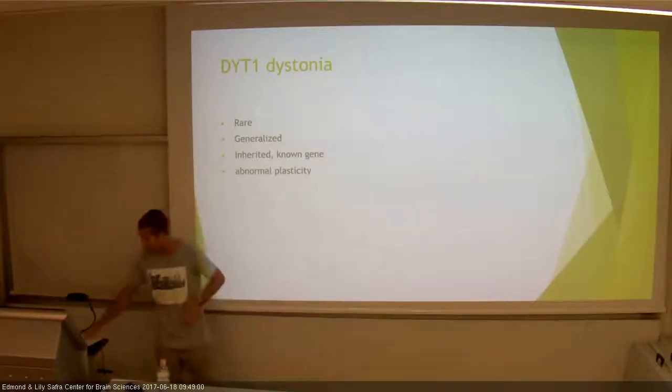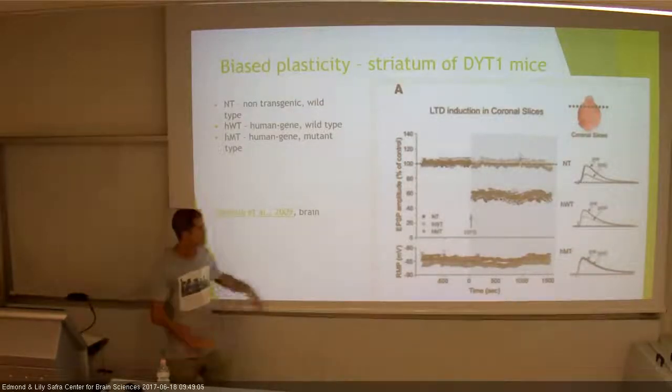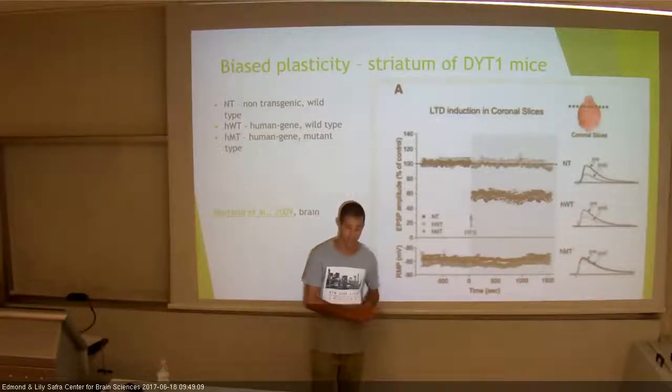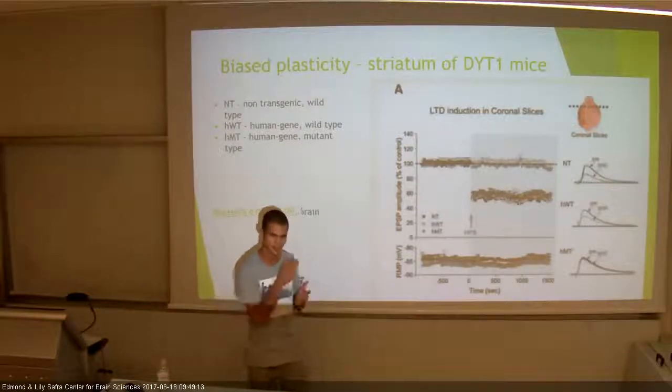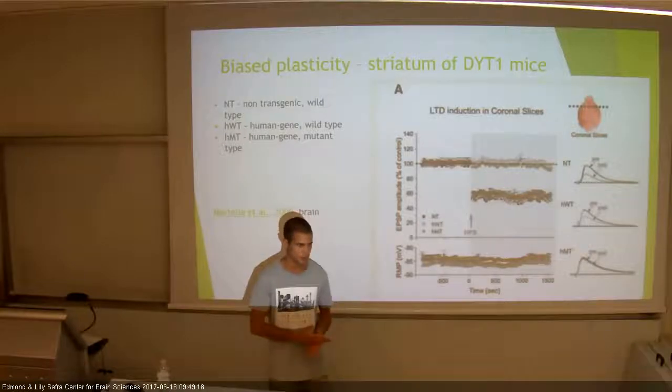So let's look closer. In this research from 2009, the researchers produced mice with DYT1 dystonia and cut the brain into tiny slices and tried to induce LTP and LTD in the neurons of the striatum.